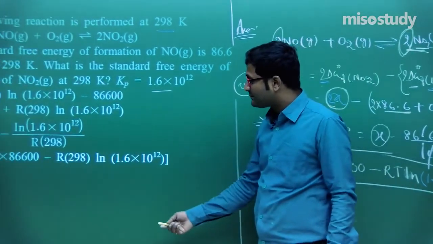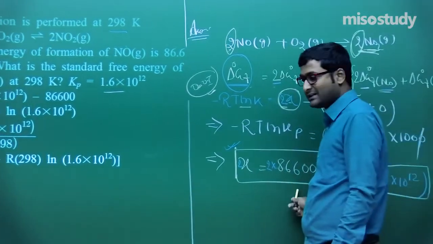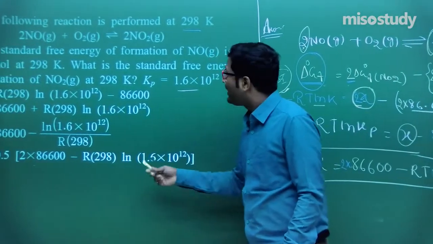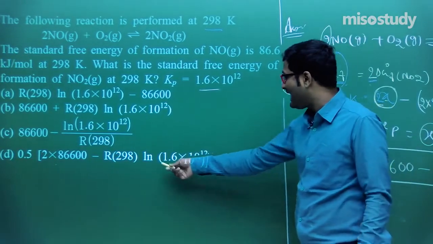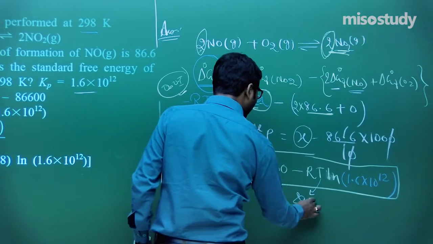Now the expression is 2 into 86600, check, 2 into 86600 minus RT ln 1.6. What is the value of T? Here the value of T, tell me, 298.